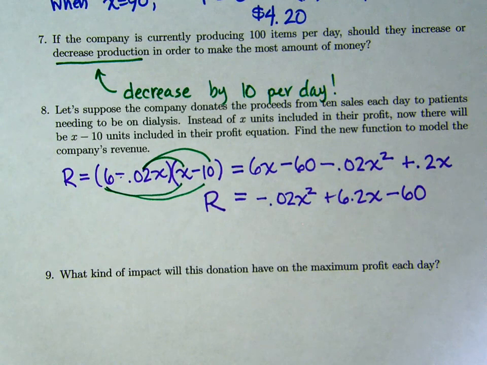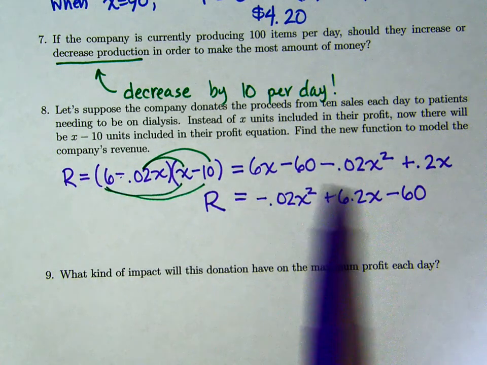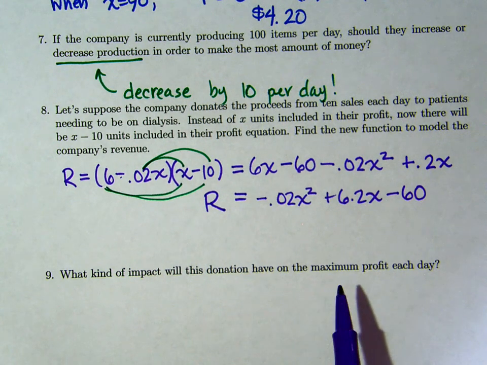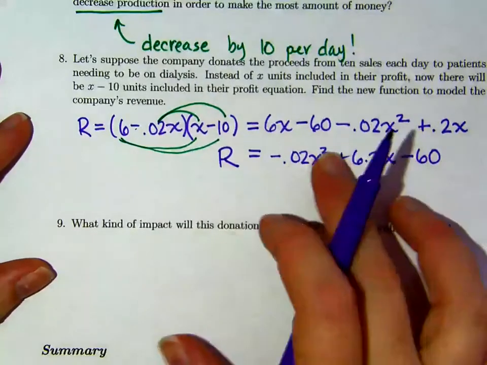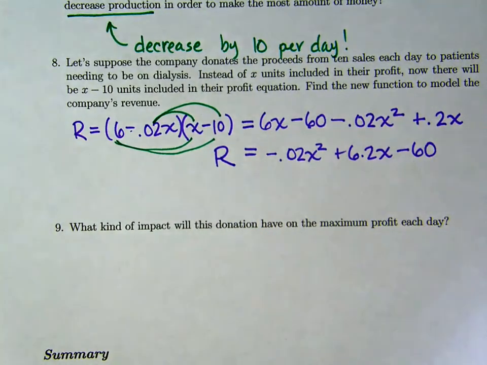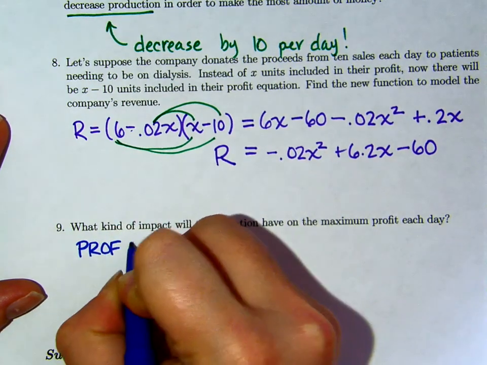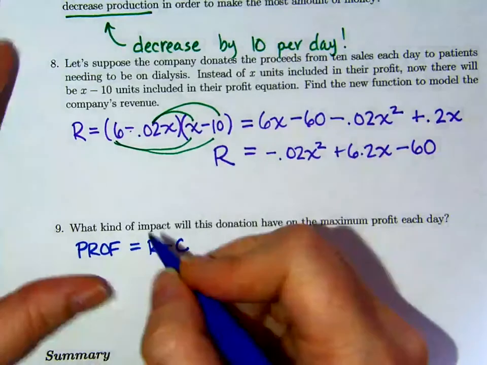Let's see, so find the new function to model the revenue. Got it. What kind of impact will this donation have on the maximum profit? Now we have to find the profit because our revenue, our money coming in, just got changed. Profit is revenue minus cost.